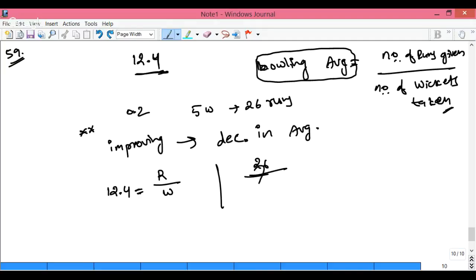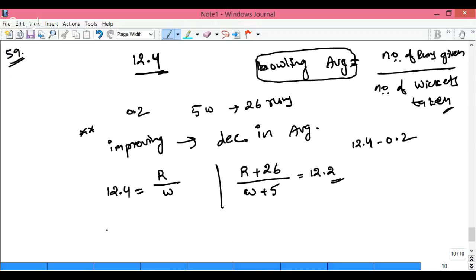Now, after including the last match, the total number of runs given is R plus 26, divided by the total number of wickets taken, W plus 5. His new bowling average is 12.4 minus 0.2, which will be 12.2.